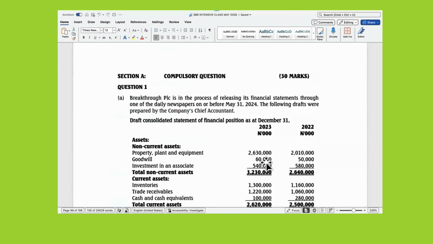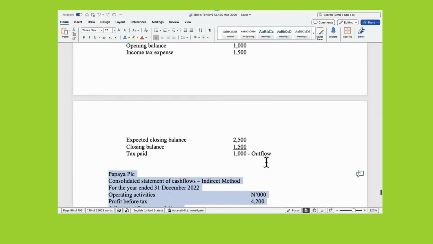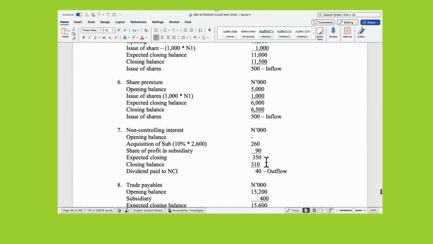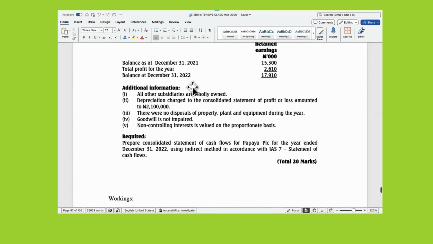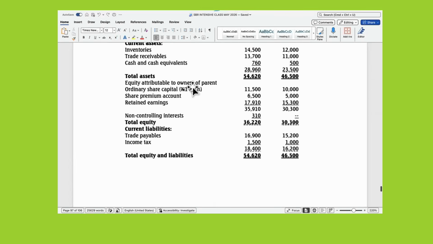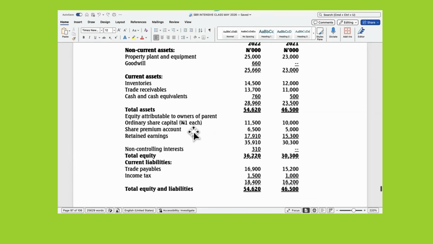Yes, Manuel. Okay, so I noticed that when you're doing your calculation for ordinary share and share premium, you use the nominal value for both of them. Since they issued the shares at 2 naira, and from the question, under this equity, my share capital is 1 naira, that means the nominal value is 1 naira.